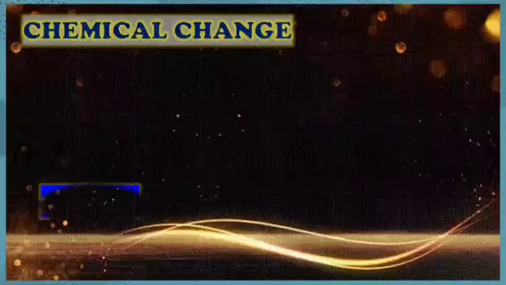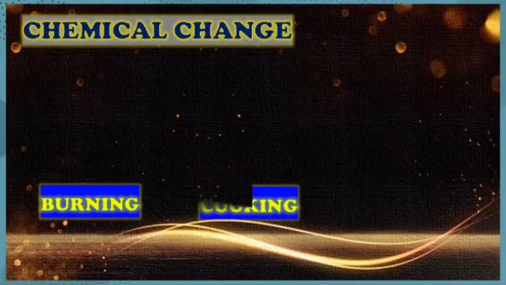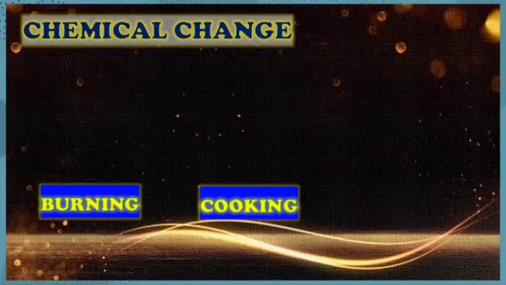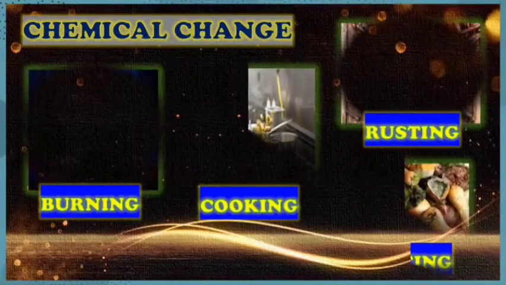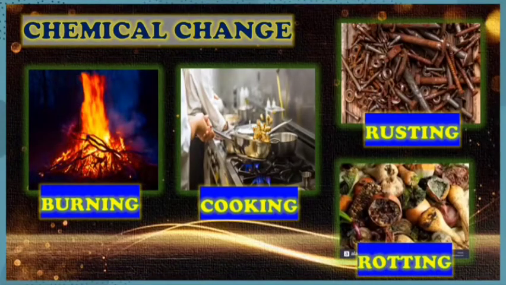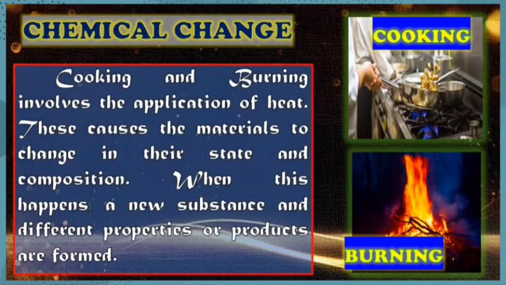Aside from that, there are other processes that cause chemical change. These are burning, cooking, rusting, and rotting. Cooking and burning involve the application of heat. This causes the materials to change in their state and composition.